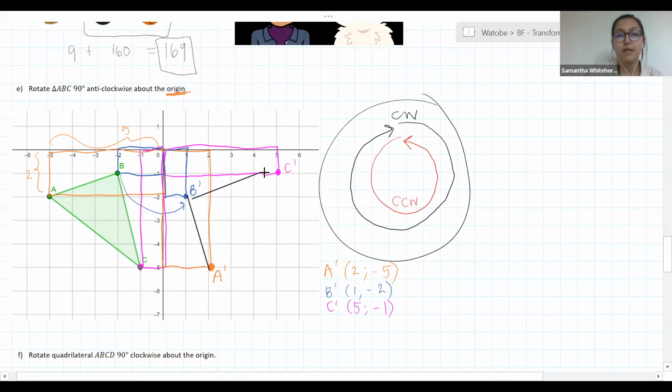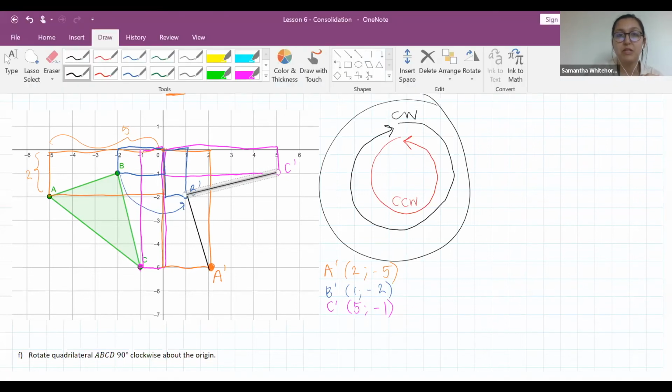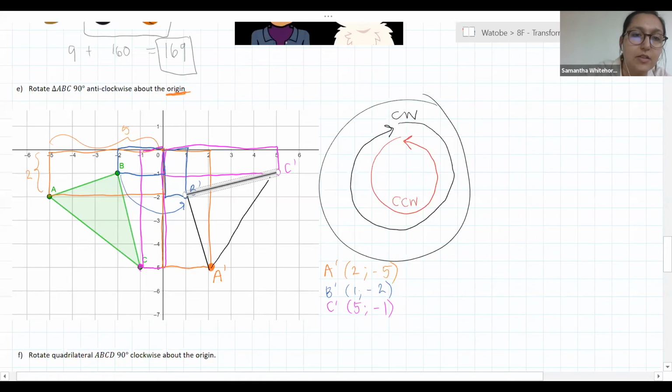Now remember, you're going to use a ruler to draw in the lines or the sides, which is what I was trying to do here, but yours will probably still look neater than mine. And the last side over there. And so we have rotated this triangle, we've taken it and spun it around the central point 90 degrees to create my rotated image.